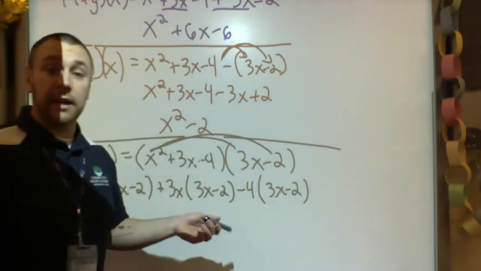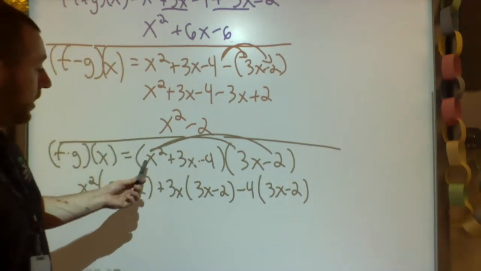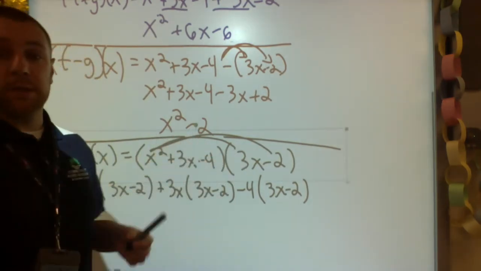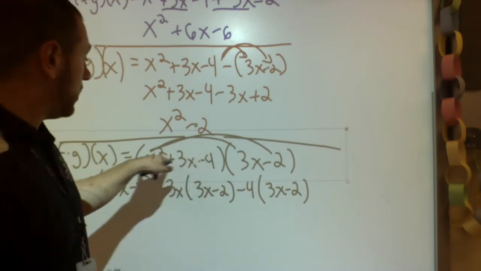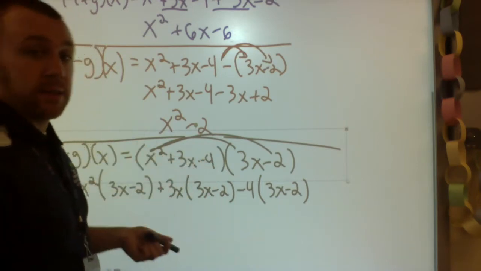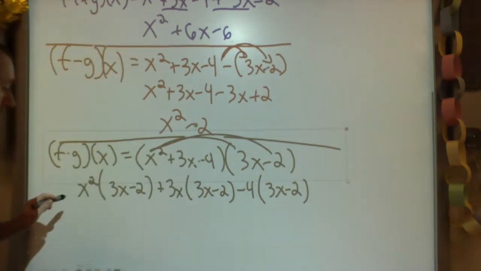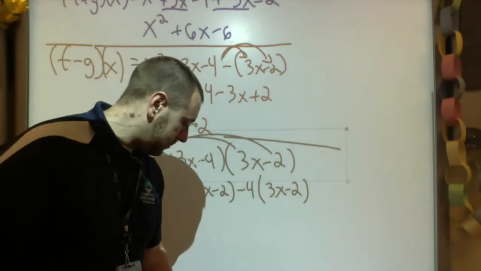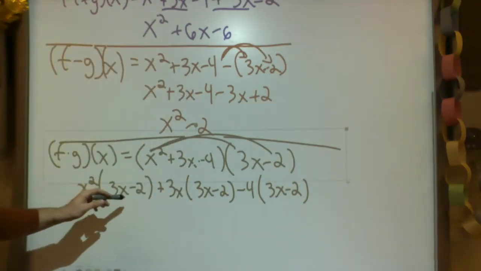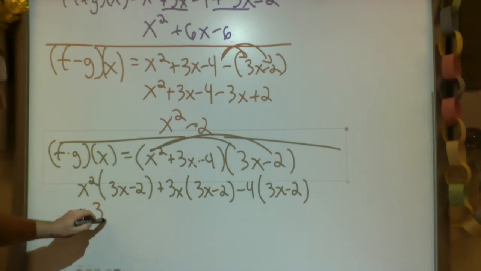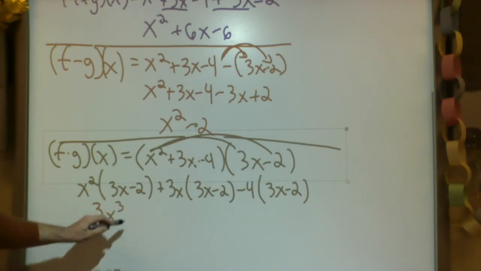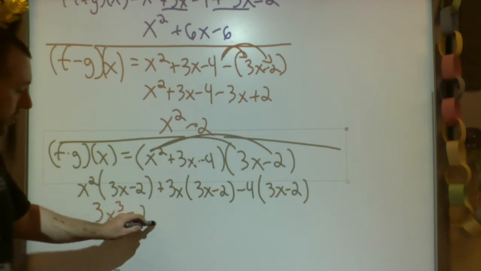Now this is writing it out. Some people will be fine just drawing the arrows, but sometimes when there are three coefficients in here, it gets a little confusing. So I'm going to distribute this in. x squared times 3x is really 3x cubed, minus 2x squared.